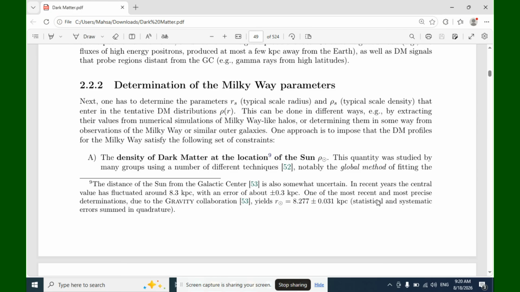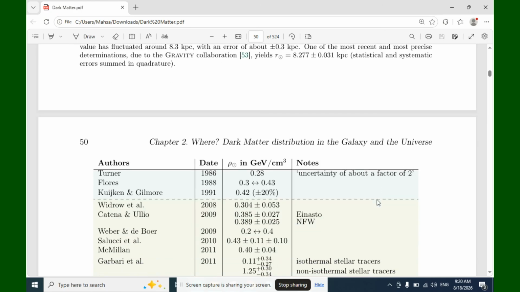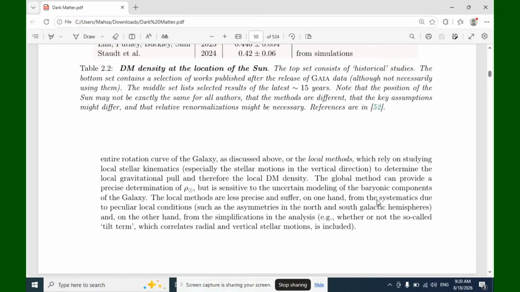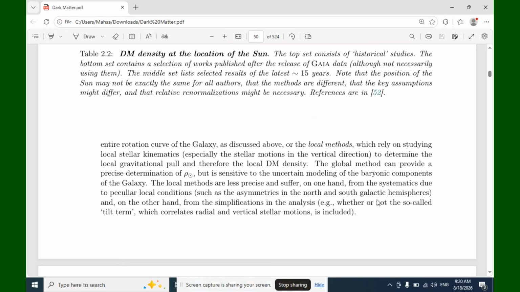This quantity was studied by many groups using a number of different techniques, notably the global method of fitting the entire rotation curve of the galaxy, as discussed above, or the local methods which rely on studying local stellar kinematics, especially the stellar motions in the vertical direction, to determine the local gravitational pull and therefore the local dark matter density.